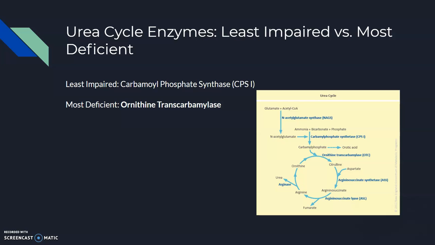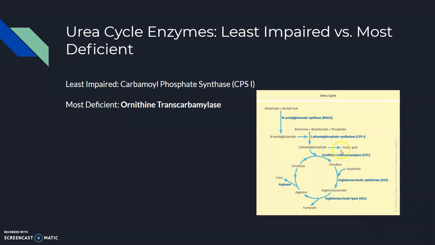Now the enzymes that are least impaired and most deficient in the urea cycle. As you can see in this diagram, you see the cycle, and we know that she has OTC deficiency. So all these are going to be essentially lower, but this would be the most decreased or deficient enzyme.